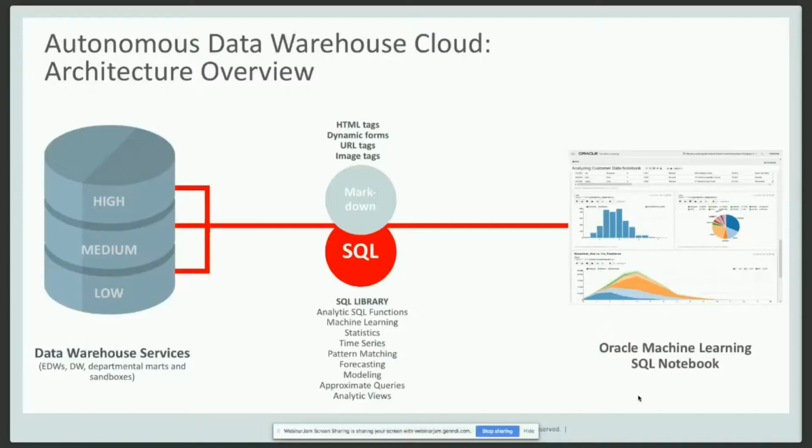So with OML, you can choose for each query group within each worksheet which resource group you want to allocate your query to, whether you want to run it in high, medium, or low. All these effectively do is give you access to more and more resources, whether it's more parallel resources, more memory, and so on. So obviously, if you run a query in low and you run a query in high, you would expect the high, depending on the type of query, to run faster because it has access to more resources.